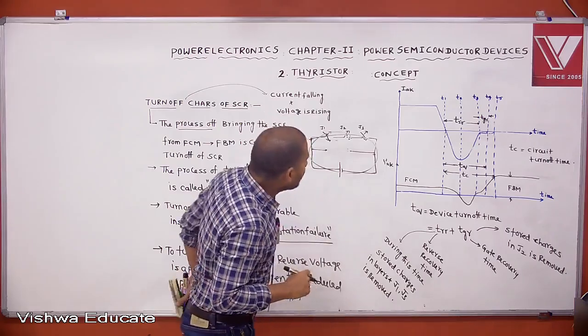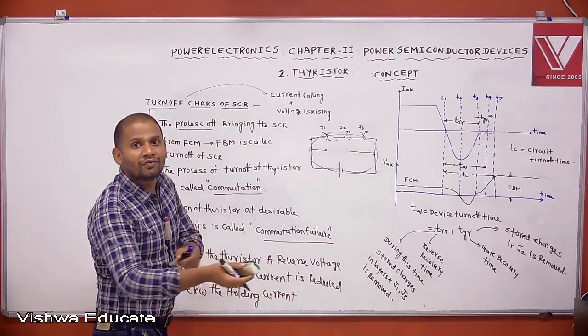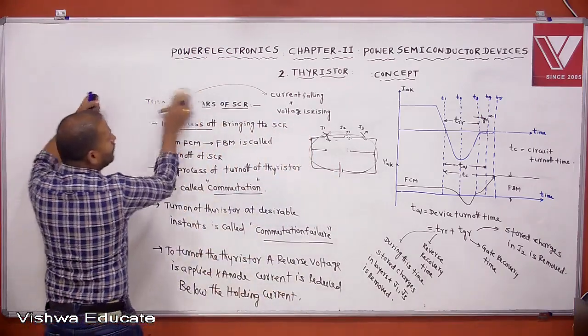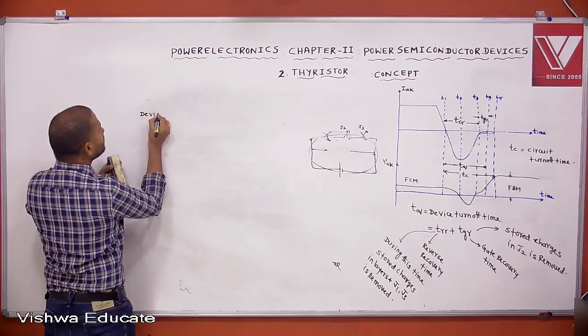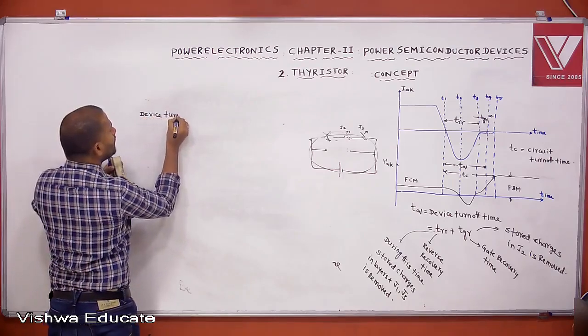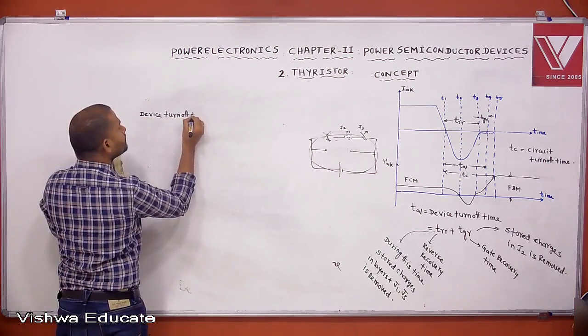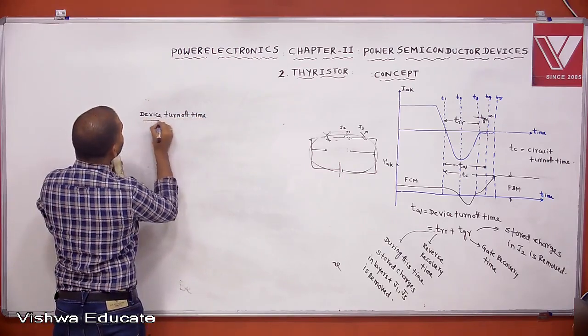Now I want to define what the device turn off time and the circuit turn off time are. Device turn off time, that is tQ.